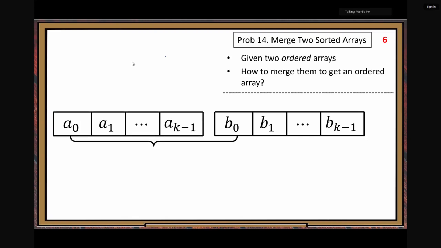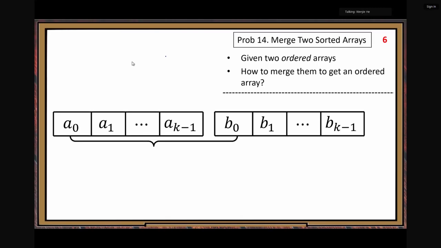Every time we start from the smallest elements in both arrays. When we start, we do one comparison, and after that comparison you can put one element in place.